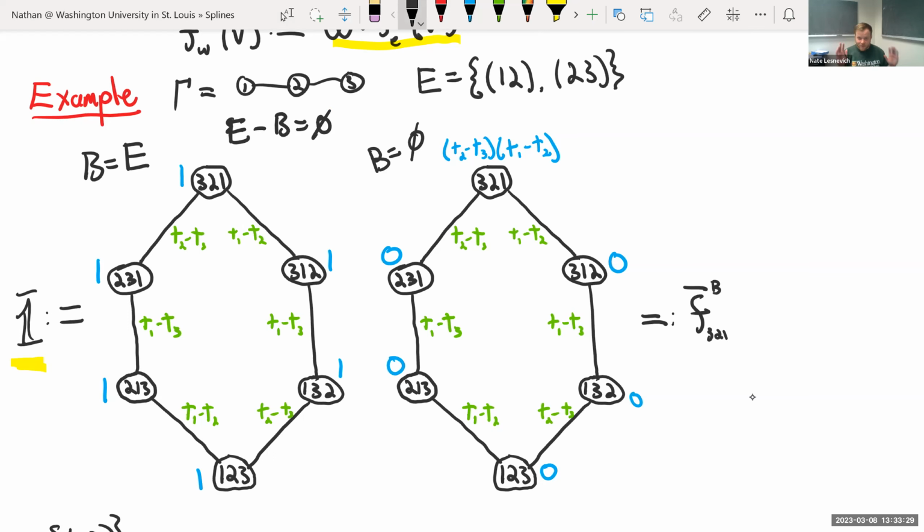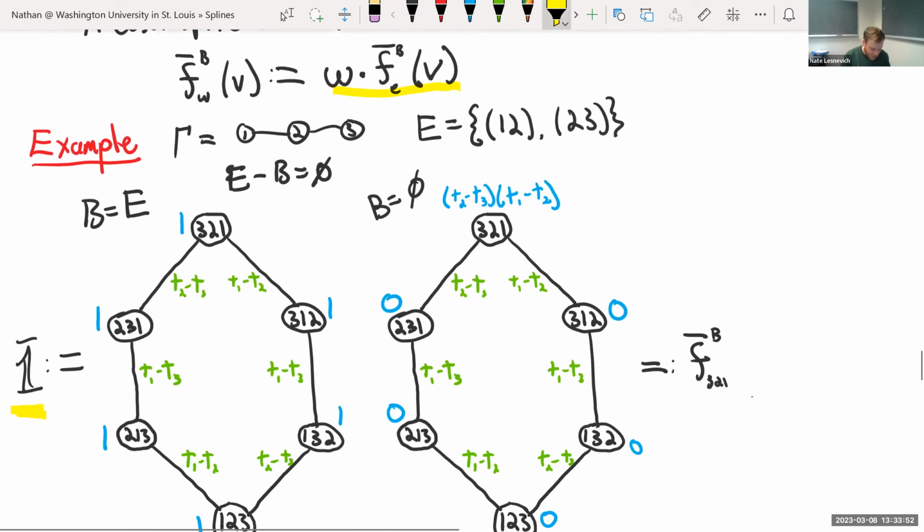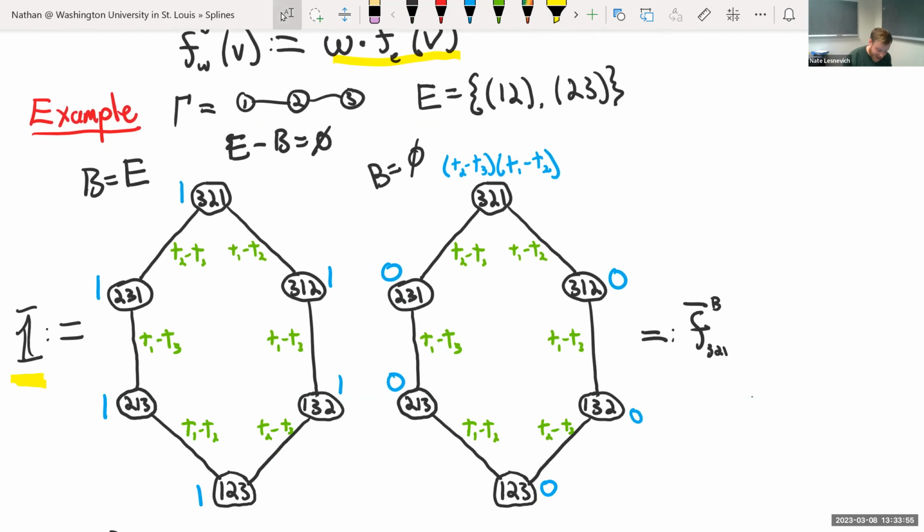Our reflection subgroup is going to be all of S_n, and we're going to see 1 everywhere. On the complete opposite side, if we want B to be the empty set, our product over this difference that we see above is going to be as large as it can be, and that's going to be this spline you see up here.